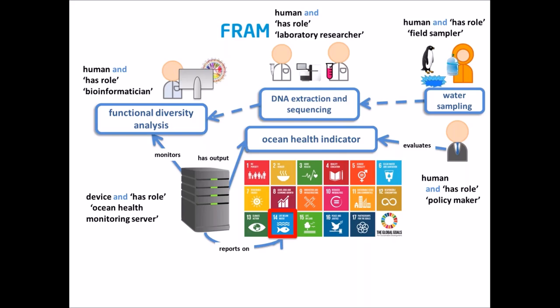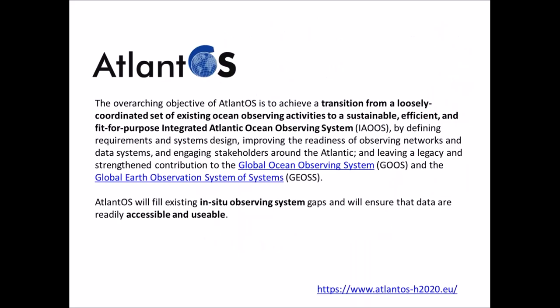This is what brings me to trying to represent knowledge across all of these different components, so that the data flows more readily. The initiative that we're working on, the FRAM initiative, is nested within a consortium called AtlantOS, the Atlantic Observing System.